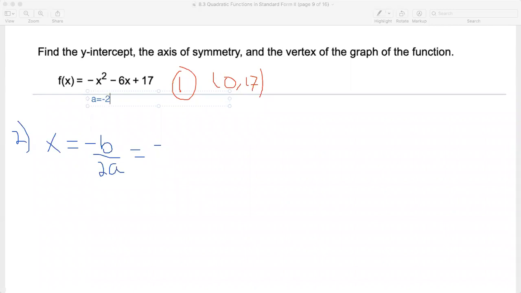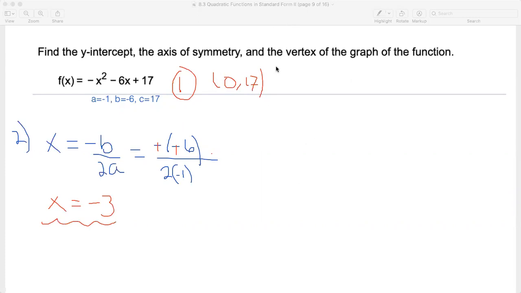A is negative 1, b is negative 6, c is 17. Okay, so then this will become negative 6. Please be careful with your negatives. You've got so many in this one. Times 2 times negative 1. All right, so my two negatives up top cancel. So it's going to be 6 over negative 2, so that's a negative 3. So x is negative 3. Okay, so that's your line of symmetry.